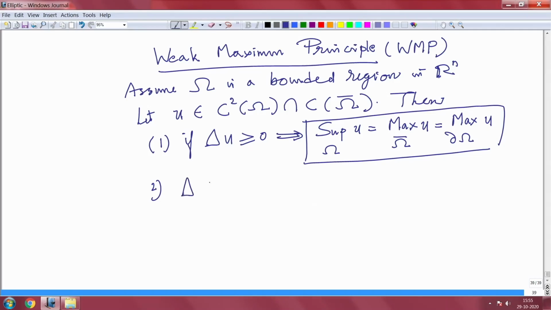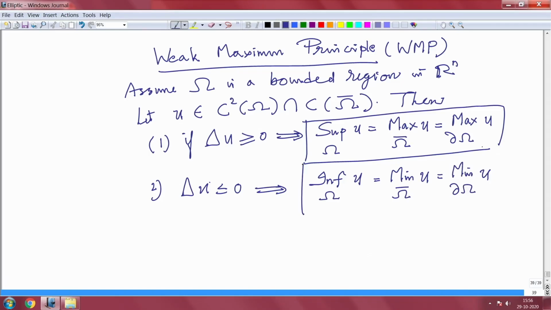If Laplacian of U is less than or equal to 0, that implies the infimum of U over omega is equal to the minimum, and the infimum is achieved on the boundary. That is what the strong maximum principle says: it cannot be in the interior, but since it is a bounded closed domain, it has to be achieved on the boundary.